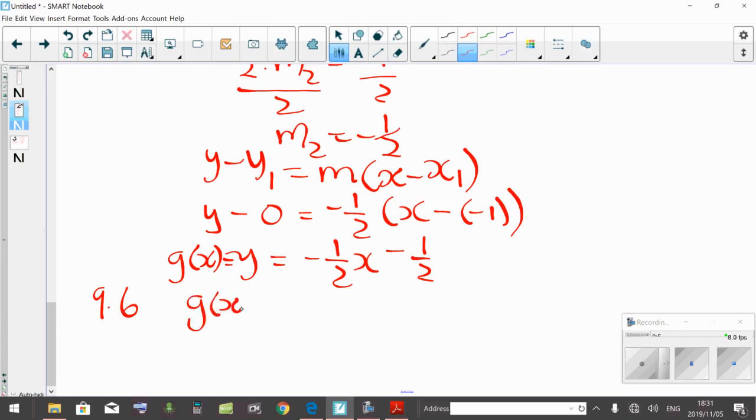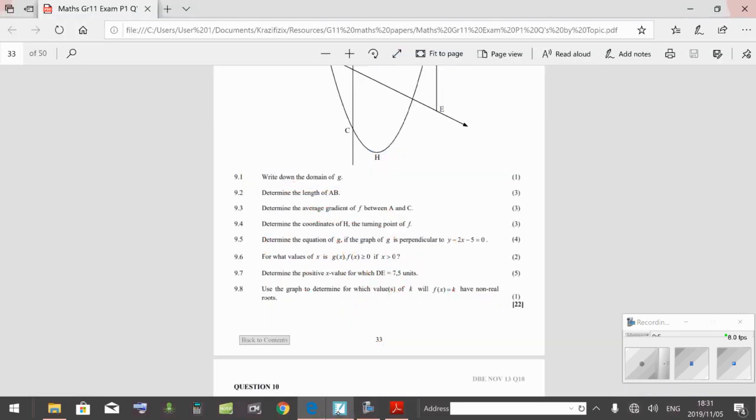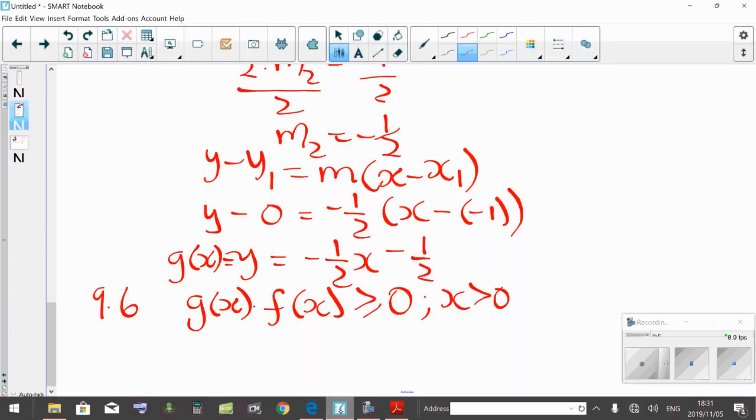We are saying g of x multiplied by f of x should be greater than or equal to 0, given that x is greater than 0. Let me just quickly confirm g times f. Okay, that's fine. We're interested in the values of x, but we have a condition that x must be greater than 0.